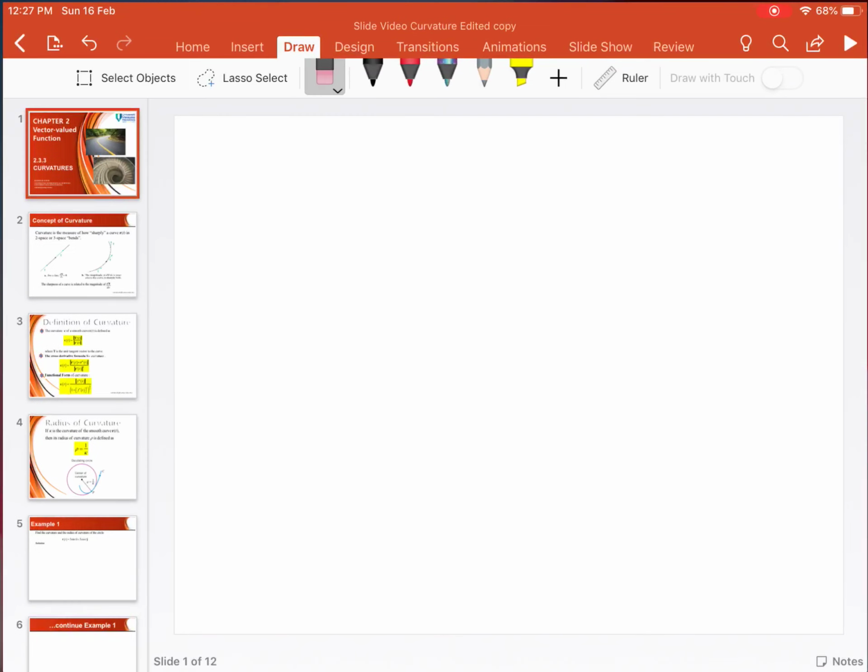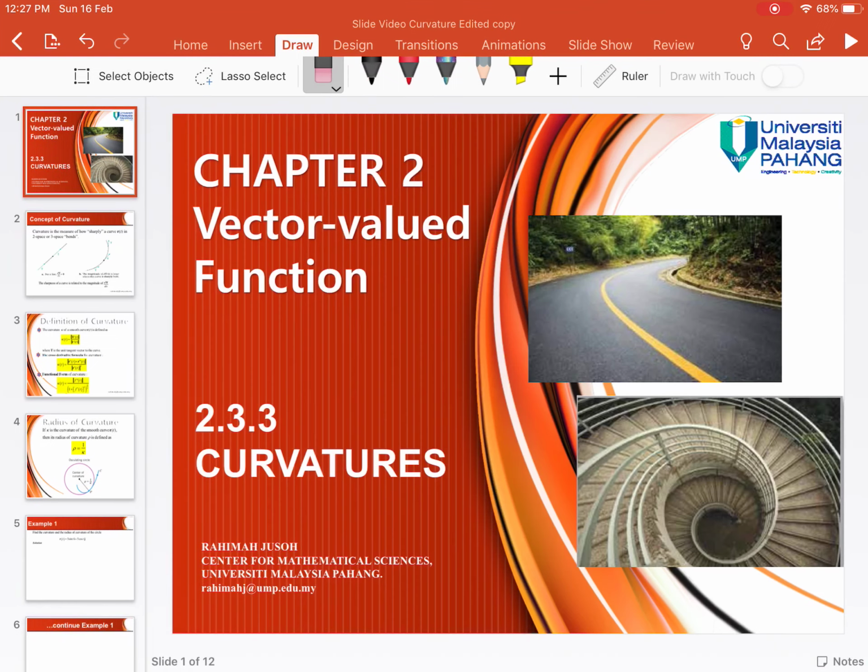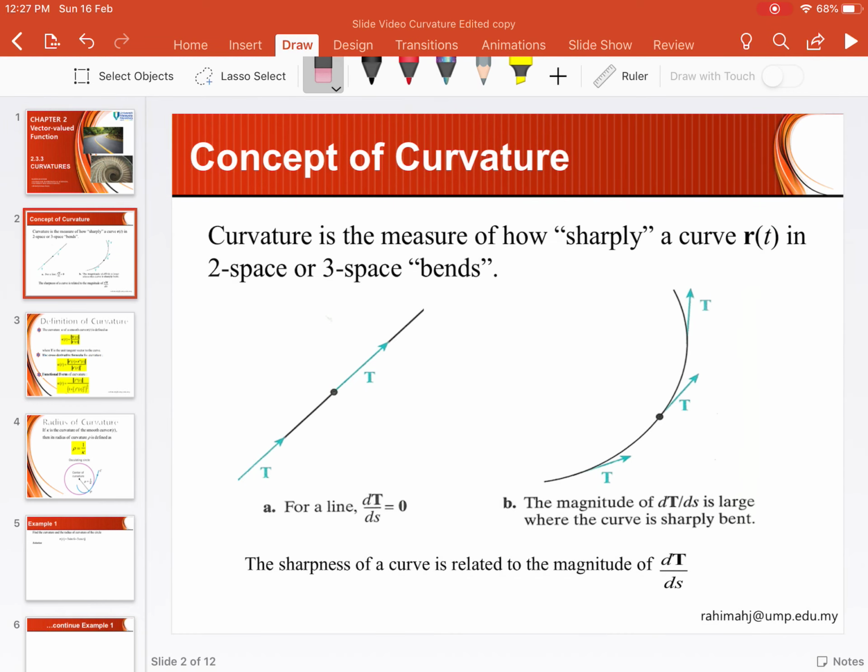So let's take a look at this slide. Alright, we have 2 diagrams here, A and B. So for a line, dT over ds equals 0, which means there is no curve. Okay, no curve.